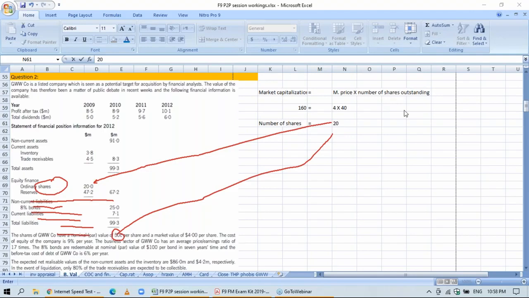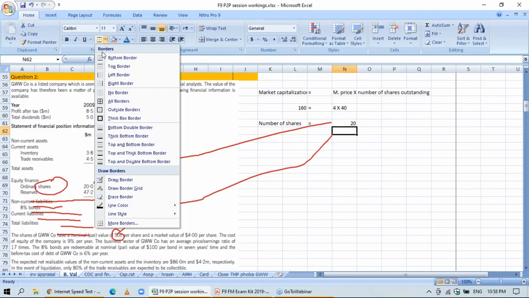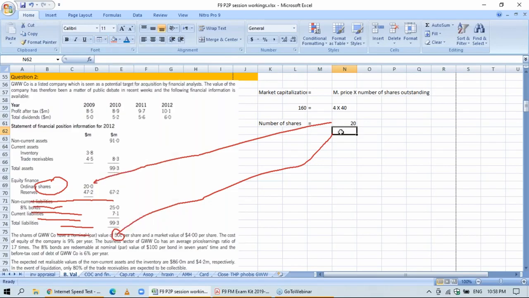So what I do is I will divide 20 by 0.5 in order to get the number of shares. So 20 divided by 0.5, I get 40 million shares. So this is how I got the market capitalization.